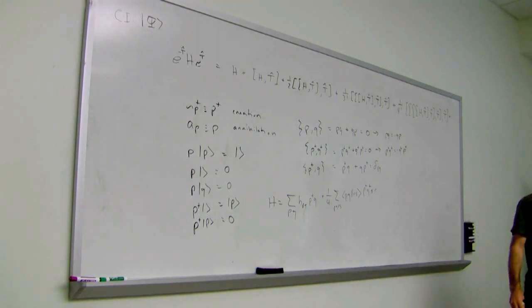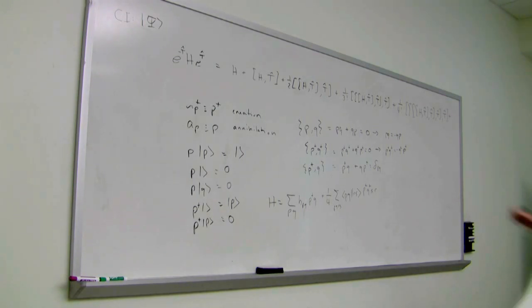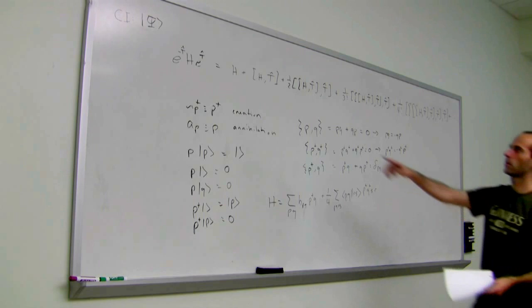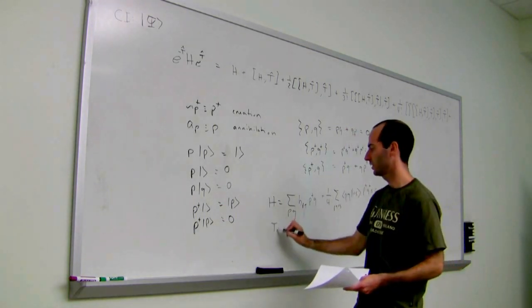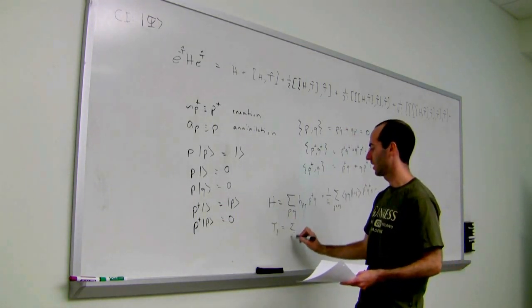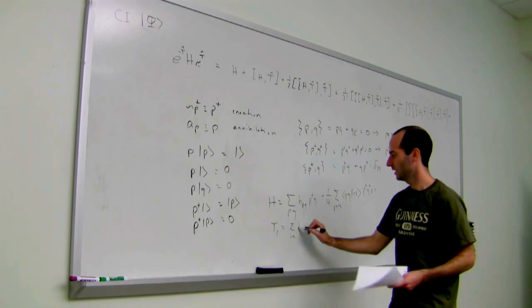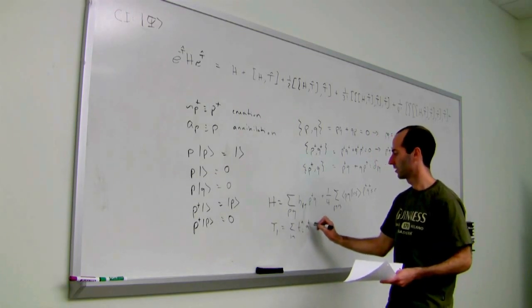Okay, any questions there? Okay, so now, we already know that T, for example T1, is the sum over i,a of t_ia a dagger i.